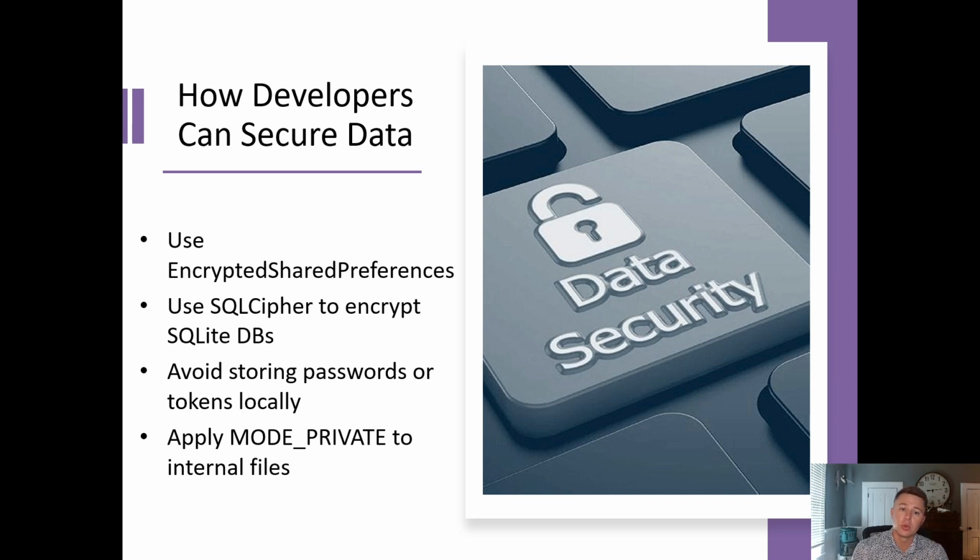You can also use Android's Keystore to store your cryptographic keys, so you never hard-code them, which is very nice. And one other general rule for storing data securely is to minimize what you store. If you don't need it, don't save it, period.